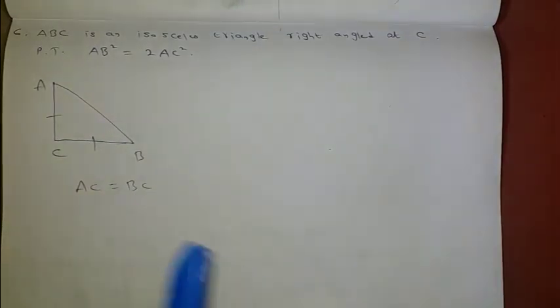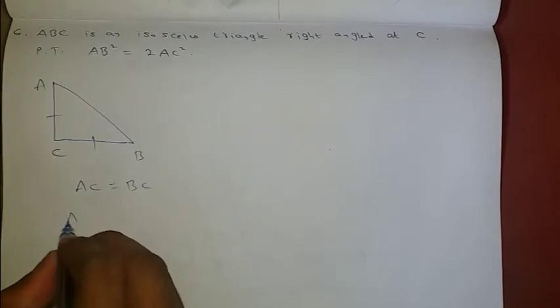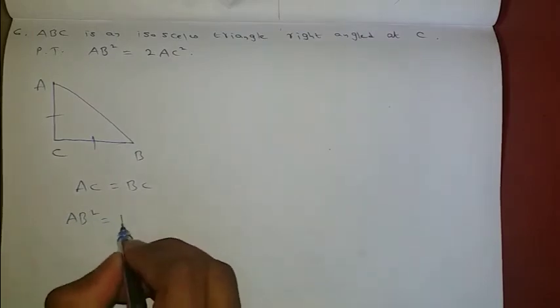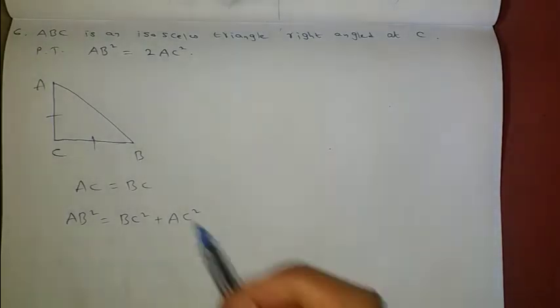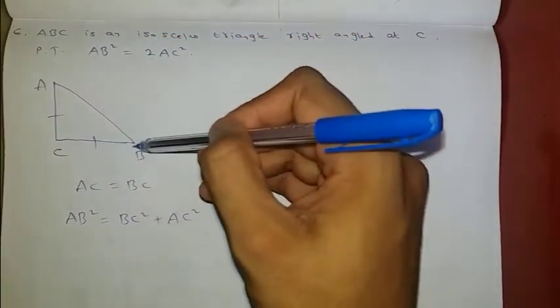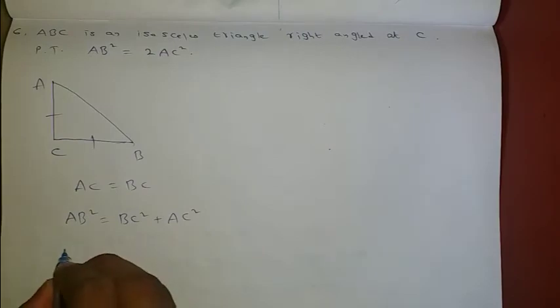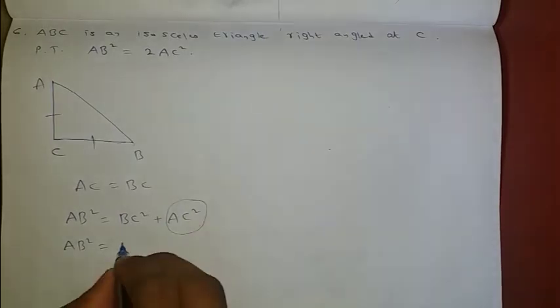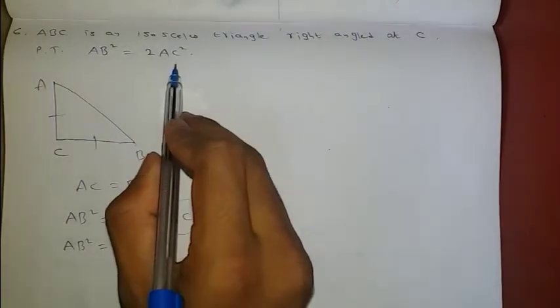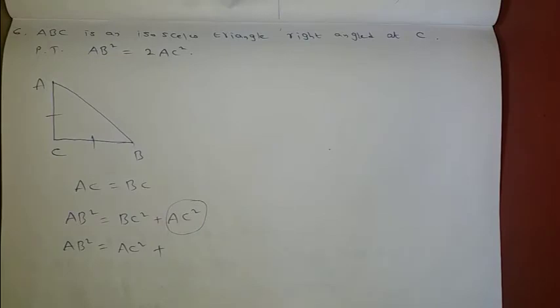Now if we apply Pythagoras theorem for this, AB square is equals to BC square plus AC square. AB square I am writing as it is, which is equals to this AC square I will write as it is, because in the answer we want AC square only, plus this BC I will change now.